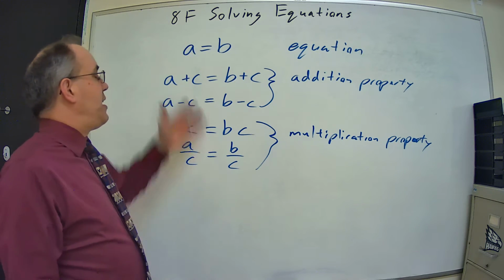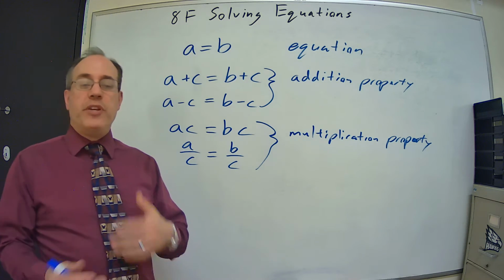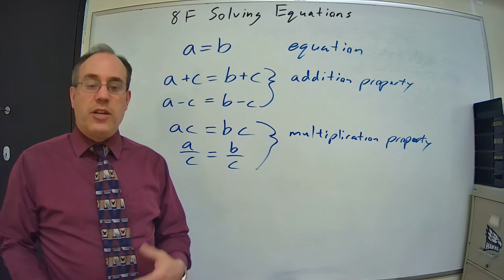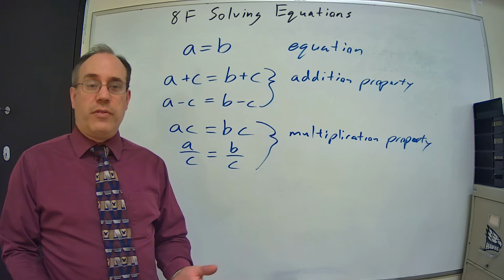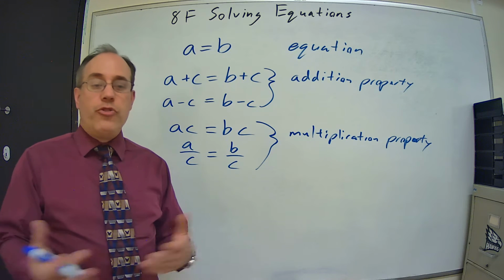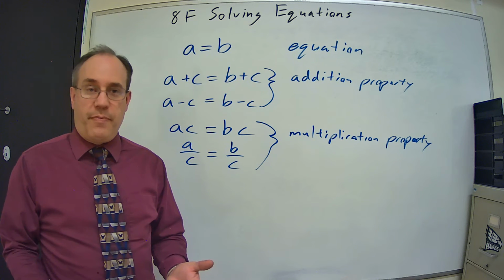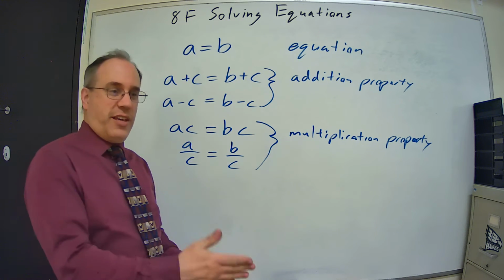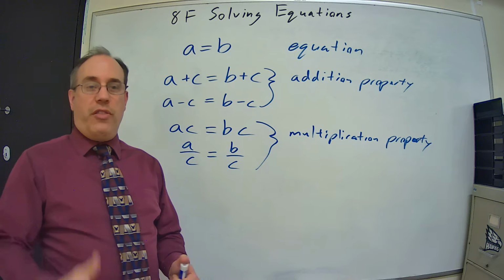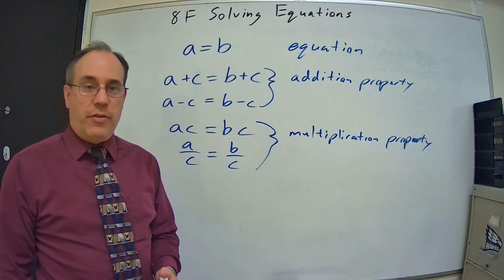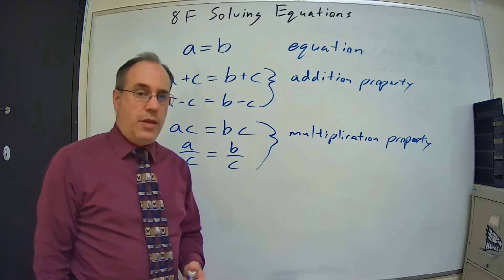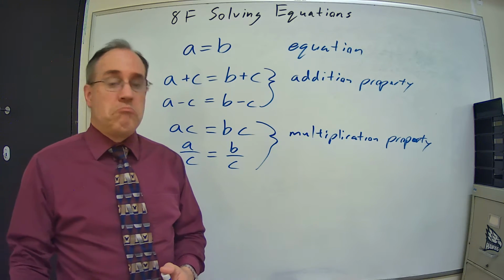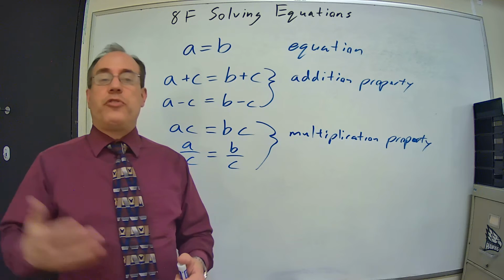Now, knowing this allows us to start manipulating equations and moving them around so that we can solve for a variable no matter where it is. In the past, we've dealt with solving for the variable already by itself. 7 plus 2 equals what? 7 plus 2 equals 9.